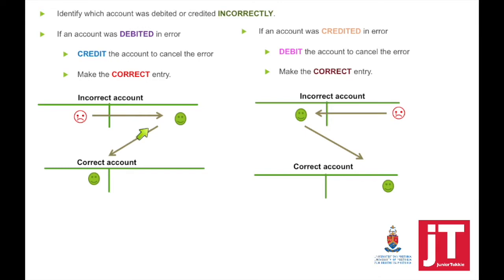We need to credit the account which was incorrectly debited so that the correct account can be debited. The same happens if an account was incorrectly credited. It means we need to take it out of that account. To take it out, we need to debit that account so that the correct account can be credited.